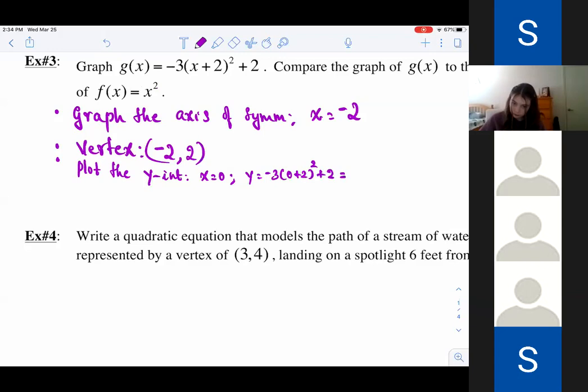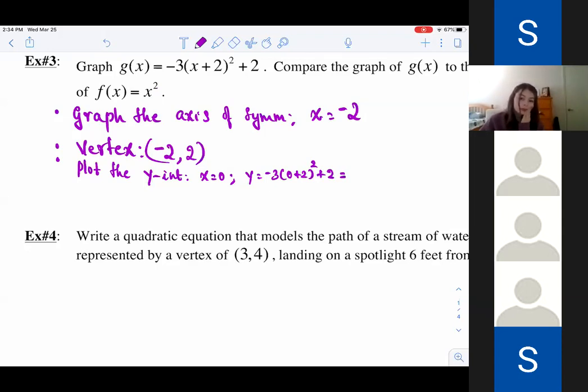In the standard form, it was easy to find the y-intercept because that was the constant term. But don't get confused here with 2 as a constant term. That's not the constant term, because you will get another constant term by the expansion of this. That's why I'm going to follow this method. So when you substitute x is equal to 0, you get the y coordinate, and that's the y-intercept.